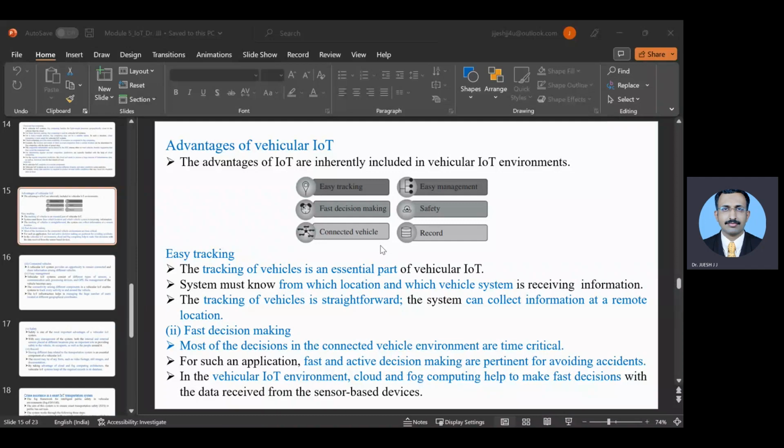It will help us to connect with each other and share the location of each other. You might have observed that if you are running a business in the transportation mode, you need to know where each vehicle is located, what its process is, whether it is fine, and whether there are any problems associated with it. All those things can be monitored.